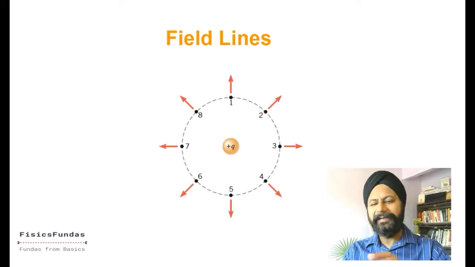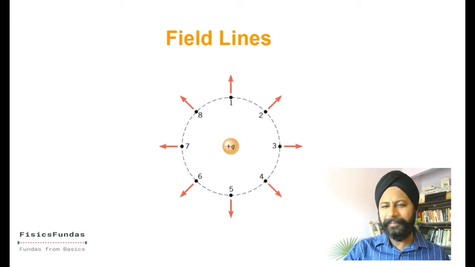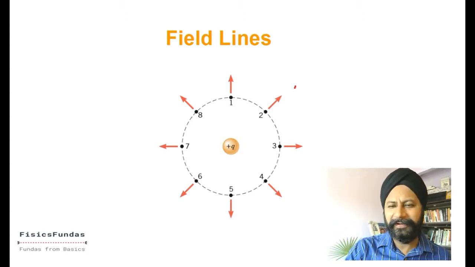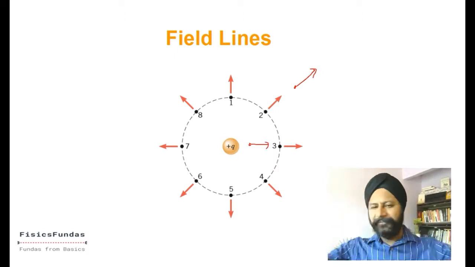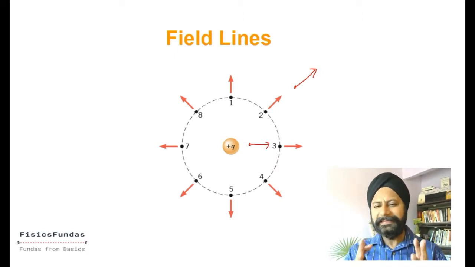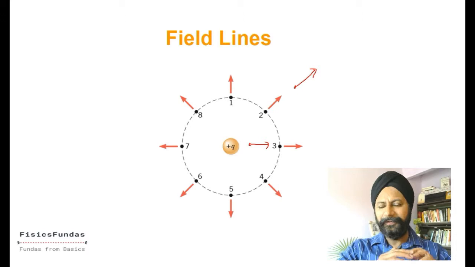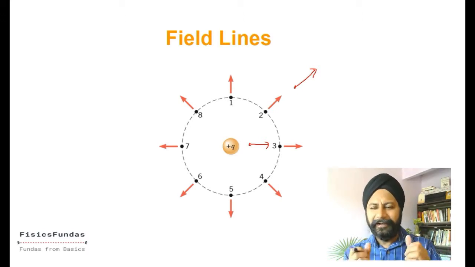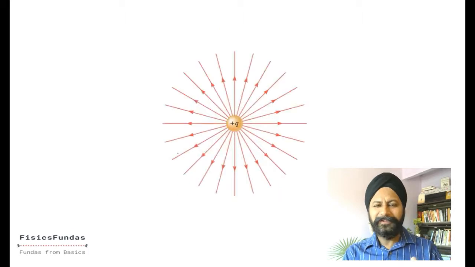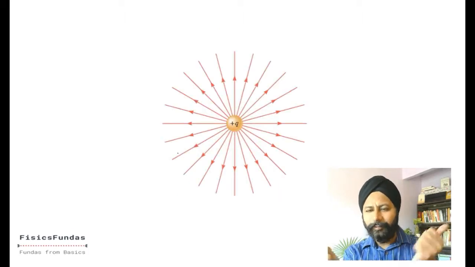So you can find the electric field at all the neighborhood points. Finding it here, it's going to be this way. Finding it here, it's going to be this way. So you can find it everywhere, and then you can plot these lines. These lines give you a visual picture of what the electric field is in this region. So if there is a positive charge, you will have electric field lines going out of it.